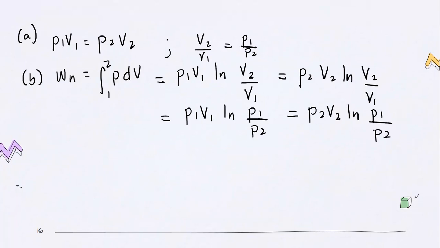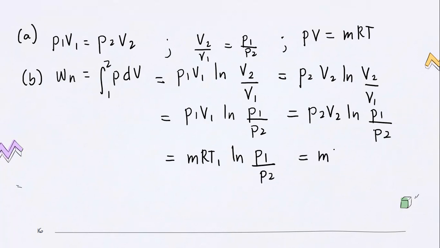But your P1 V1, from the ideal gas law, we have PV is equal to MRT. Therefore, P1 V1 is equal to MRT1 ln P1 over P2, equal to MRT2 ln P1 over P2.